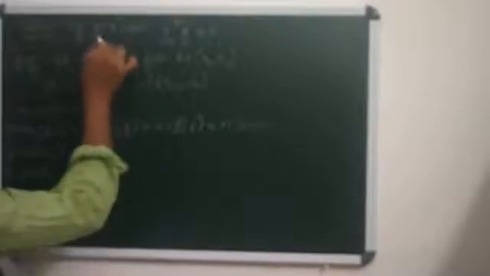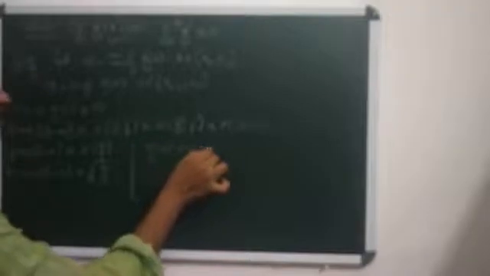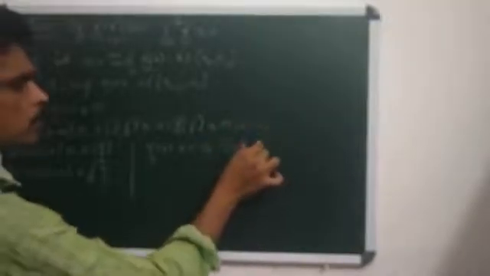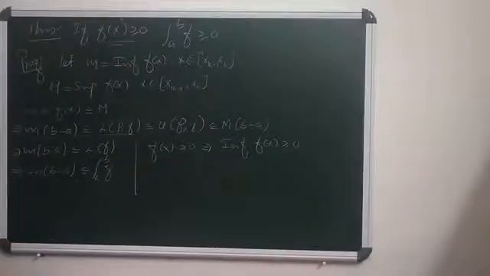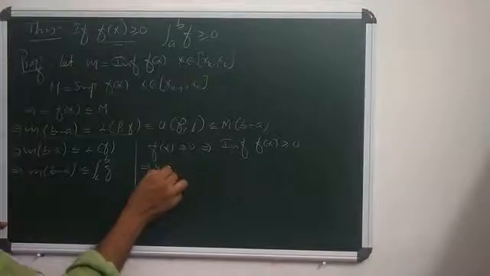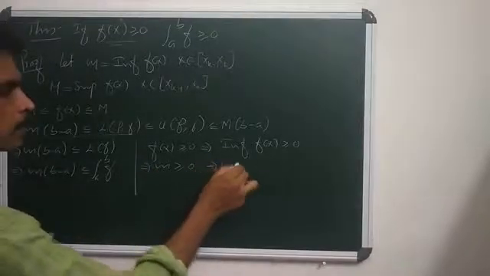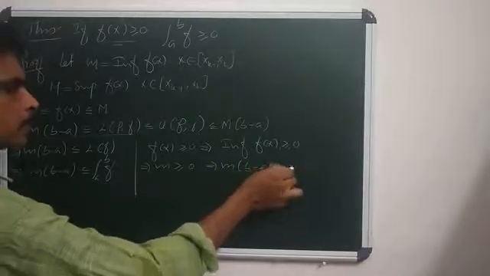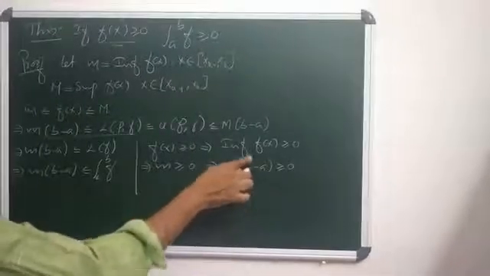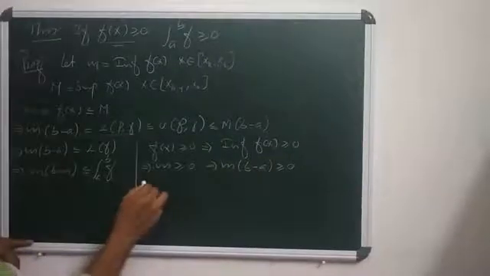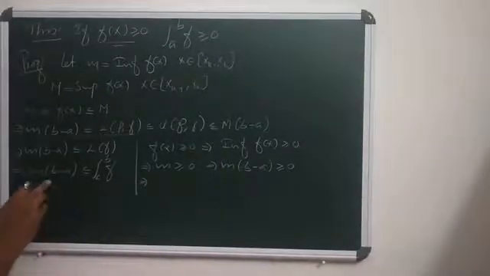But what is f of x? f of x is greater than or equal to 0, which means the infimum of f of x is also greater than or equal to 0. The infimum of f of x is m, so m is greater than or equal to 0. That means m times (b minus a) is also greater than or equal to 0, since b minus a is greater than or equal to 0.